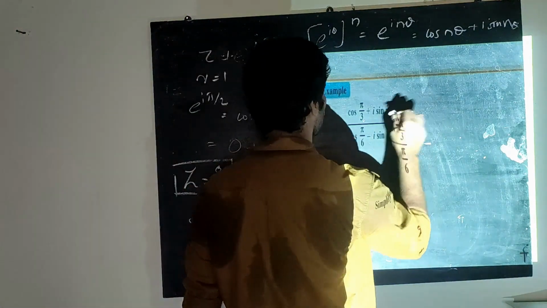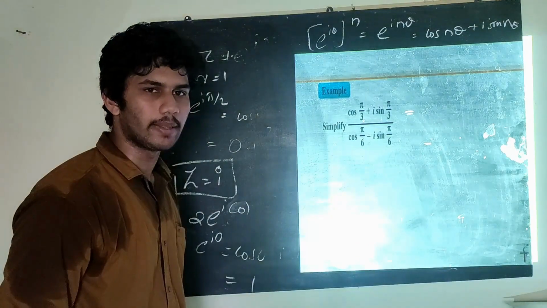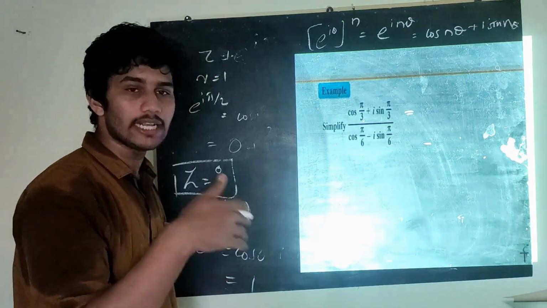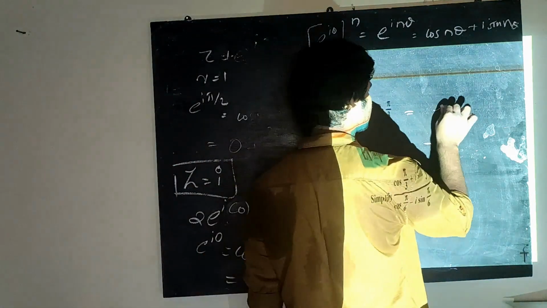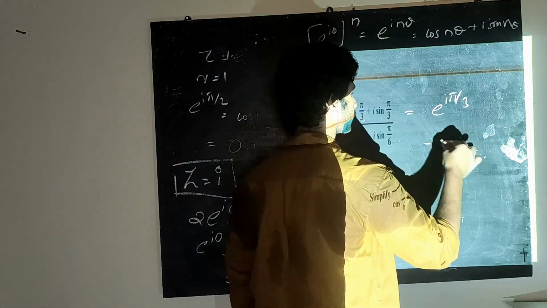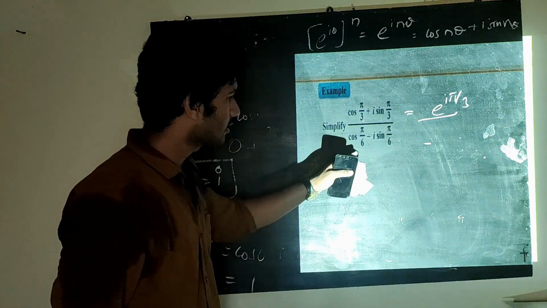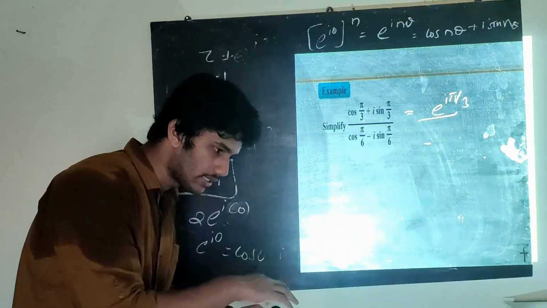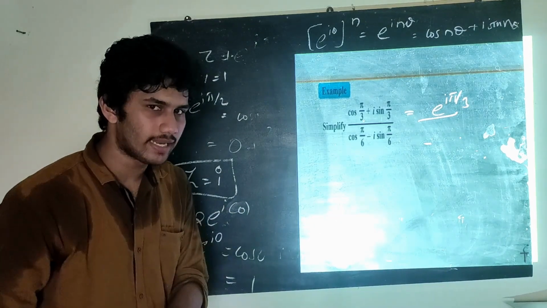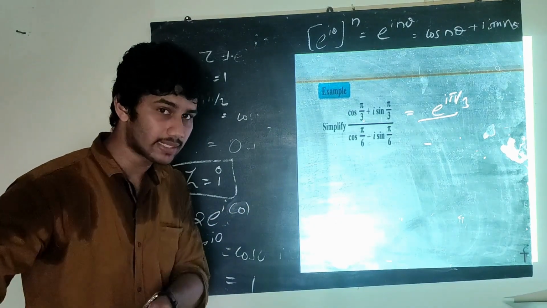This is cos pi by 3 plus i sin pi by 3, which can be represented as e raised to i theta, and theta is pi by 3. So this is simply e raised to i pi by 3, divided by cos pi by 6 minus i sin pi by 6. Cos theta minus i sin theta can be represented as e raised to minus i theta.